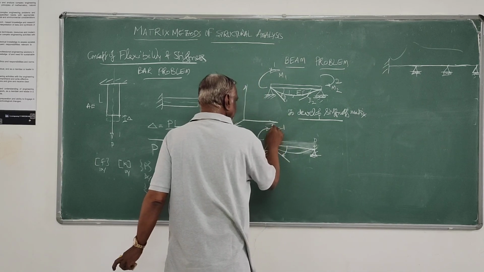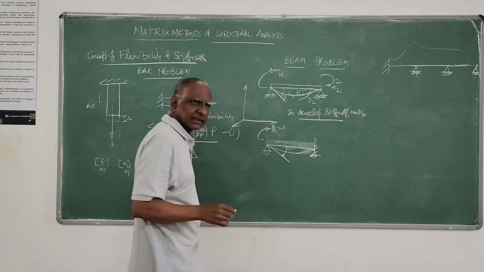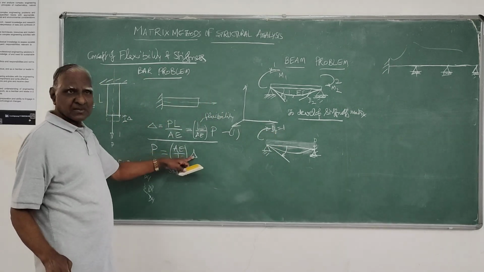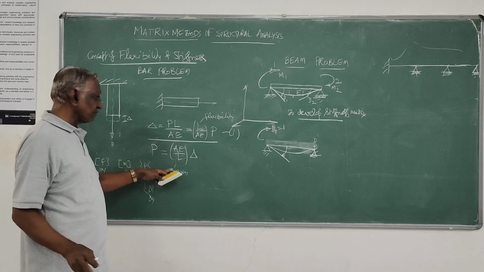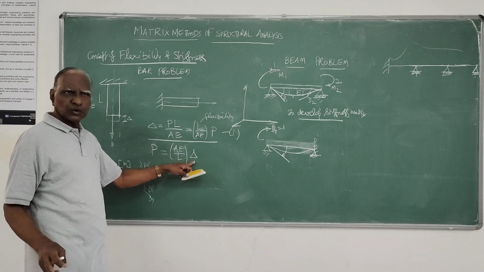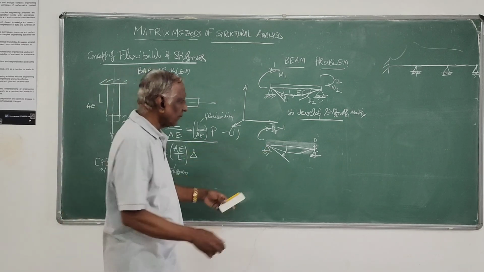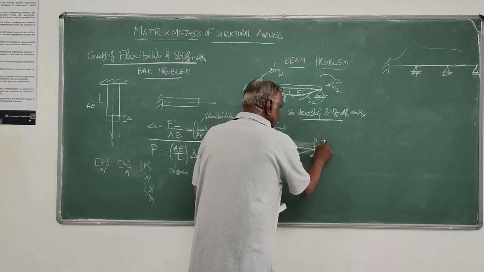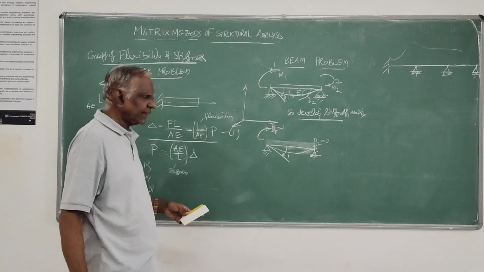Here not unit moment, because stiffness matrix I am generating means I have to apply unit displacement. I define the stiffness as force developed due to unit displacement. I will apply a unit displacement here. I don't apply any displacement at the other end.